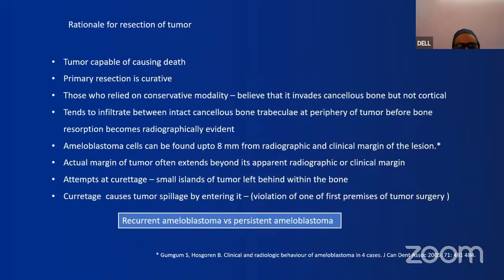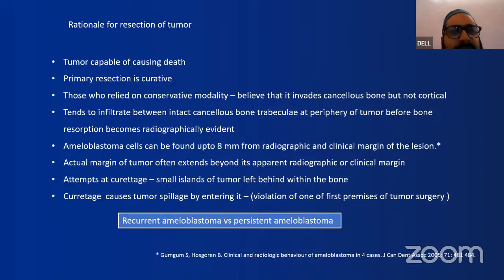Now if we come to the rationale for resection of the tumor, today the gold standard for managing the solid multicystic type is to resect the ameloblastic mass and then reconstruct. That is segmental resection with 1.1 to 1.5 centimeter margins. Why is this?